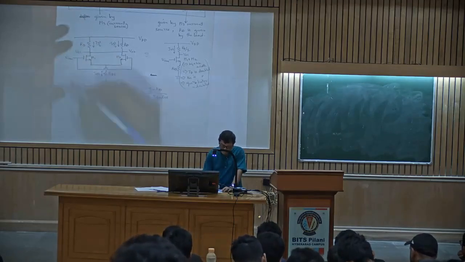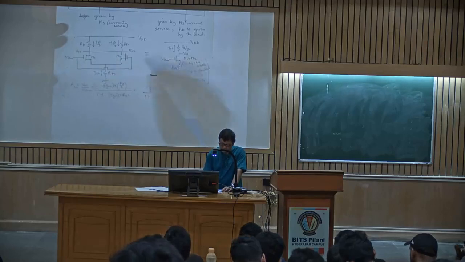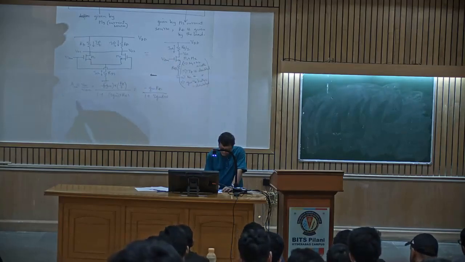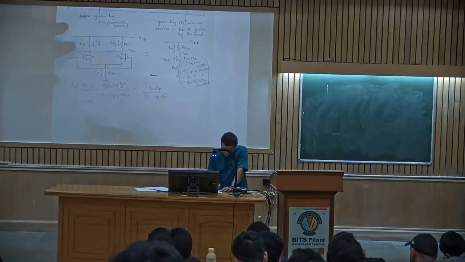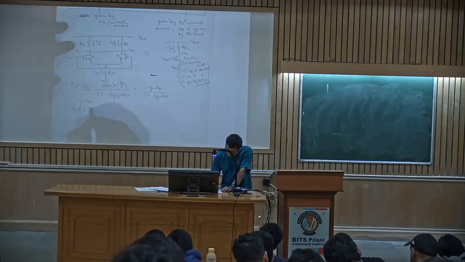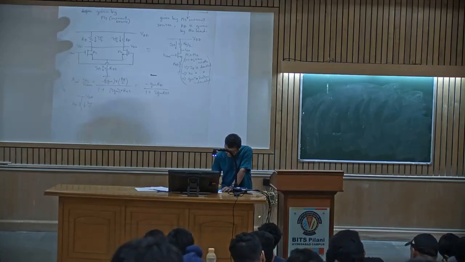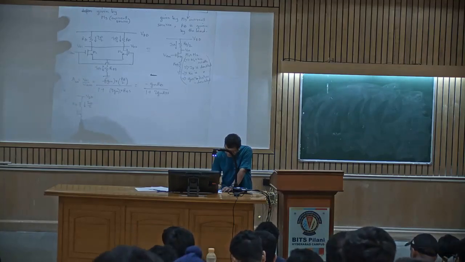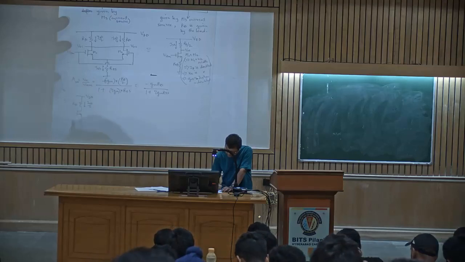So essentially this transistor can also be represented this way, equivalent to VDD. Then you don't need to work anything about this here. It will become ISS by 2, as everything remains the same. The only thing is here it becomes twice RSS.